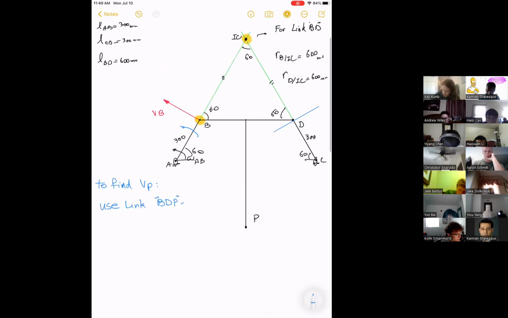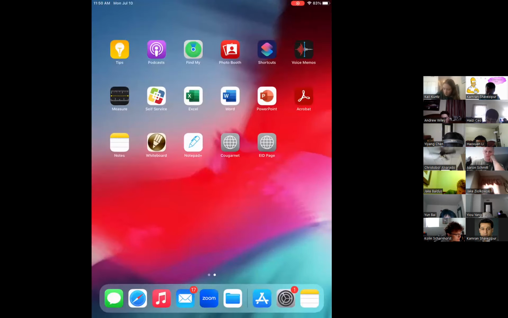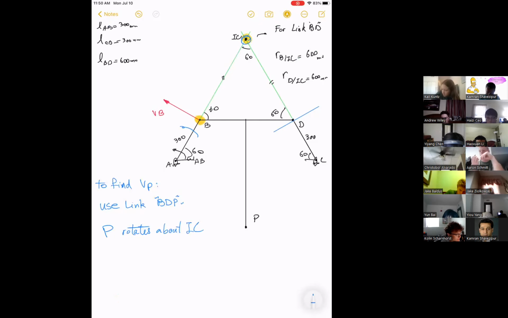The IC is for the entire rigid body, which means P rotates about IC at this moment. Remember, this is temporary, which means VP is R_P/IC times omega BD. Can I do that?